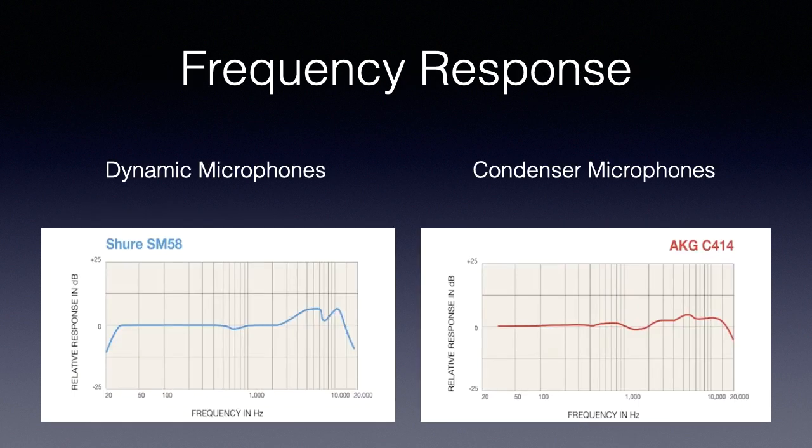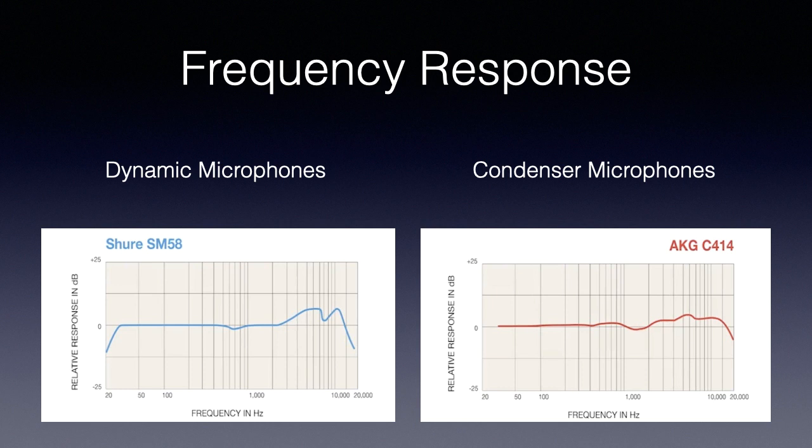Let's move on to the next topic. The frequency response of a microphone is how sensitive the microphone is across the human hearing range. Human ears can hear a range of 20 to 20,000 Hz.